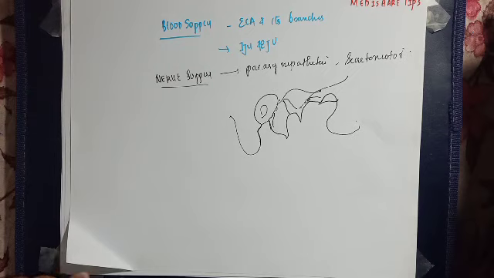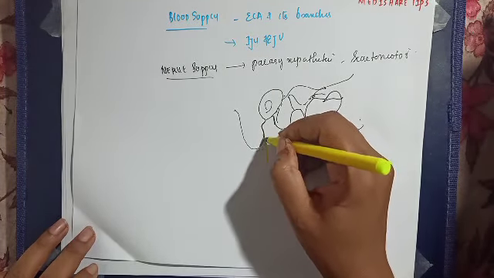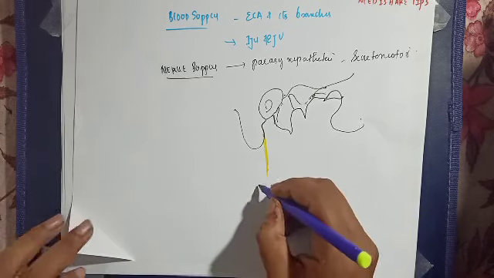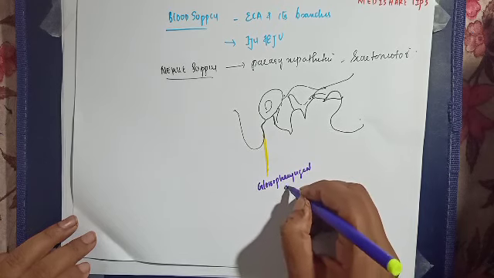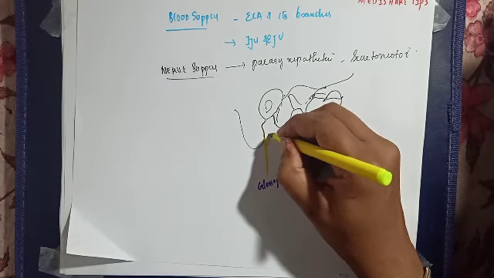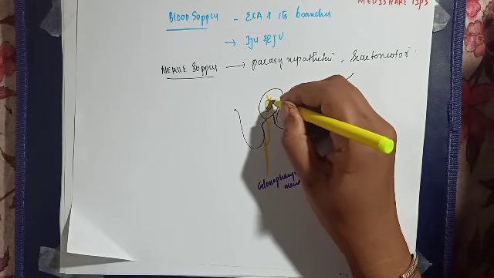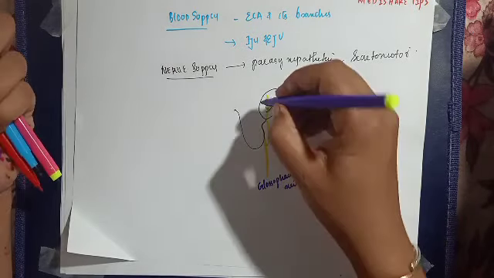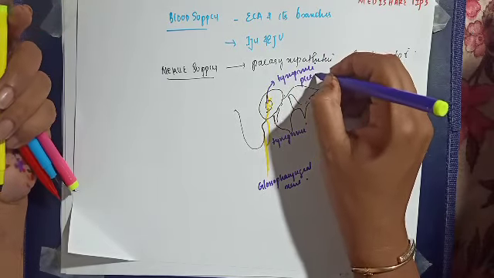Then they pass into the glossopharyngeal nerve. So this is the glossopharyngeal nerve. From the glossopharyngeal nerve, they pass through the tympanic branch, which forms a tympanic plexus over the promontory. So here you can see the tympanic plexus on the promontory.